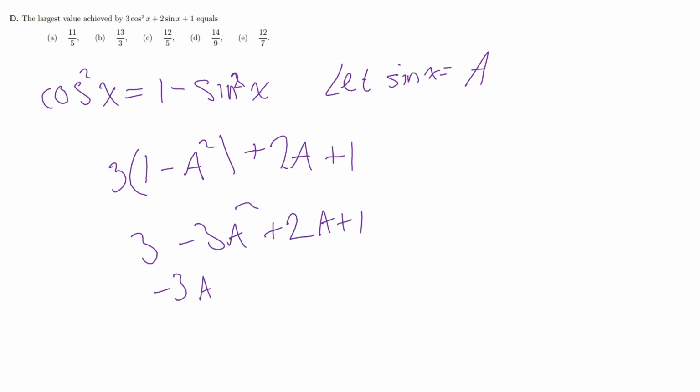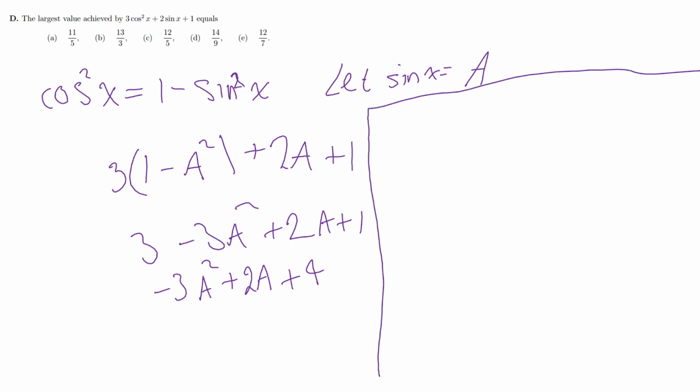We can rewrite this as minus 3a squared plus 2a plus 4. So now let's draw a line here, because we're going to separate off into this subsection. What they did then, which makes sense, is pretend that we are going to solve for a. We can't solve for a because it doesn't equal anything.